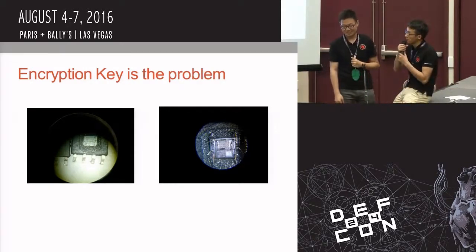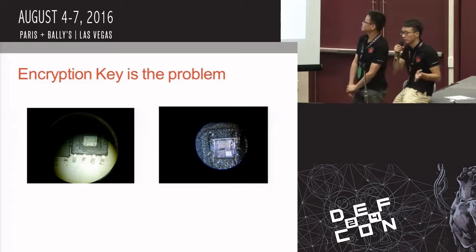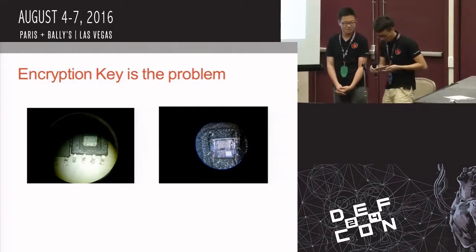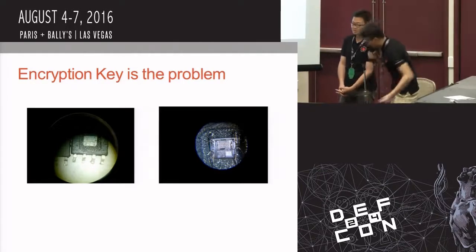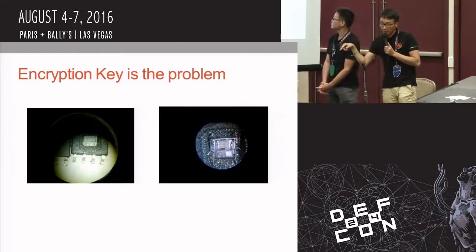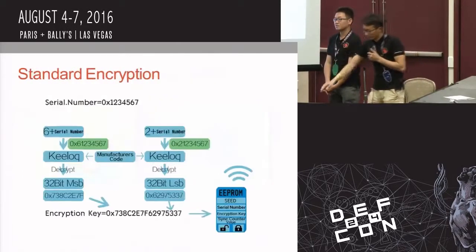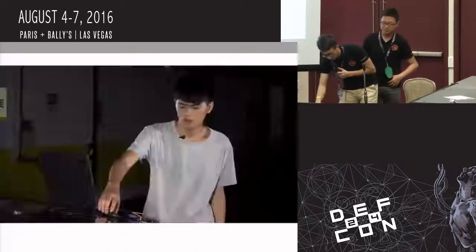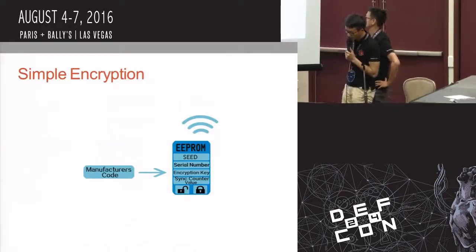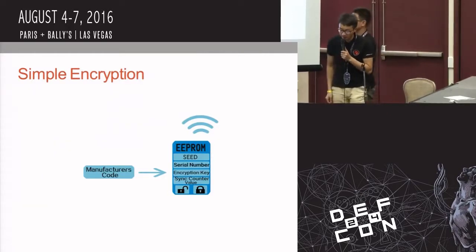Actually, we are talking about how to get the manufacturer code. You remember the standard key generating method. We have three ways to generate the encryption key, right? The first one is the simple encryption, where the encryption key is just the manufacturer's code.